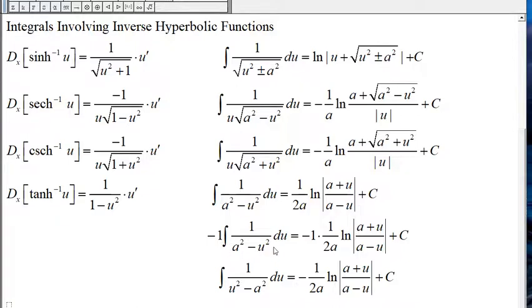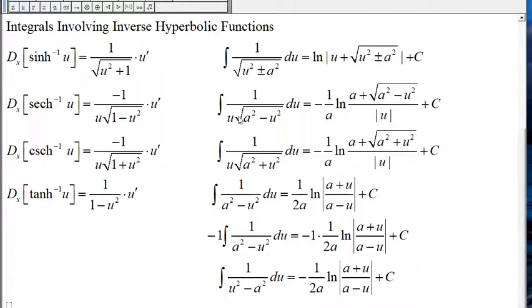Then negative 1 times a squared minus u squared just turns it around, that would be u squared minus a squared. Then we get negative 1 divided by 2a times the natural log of this. Again, what it means is this: anytime we have an integral with 1 divided by the square root of u squared plus or minus a squared, we would use this formula.